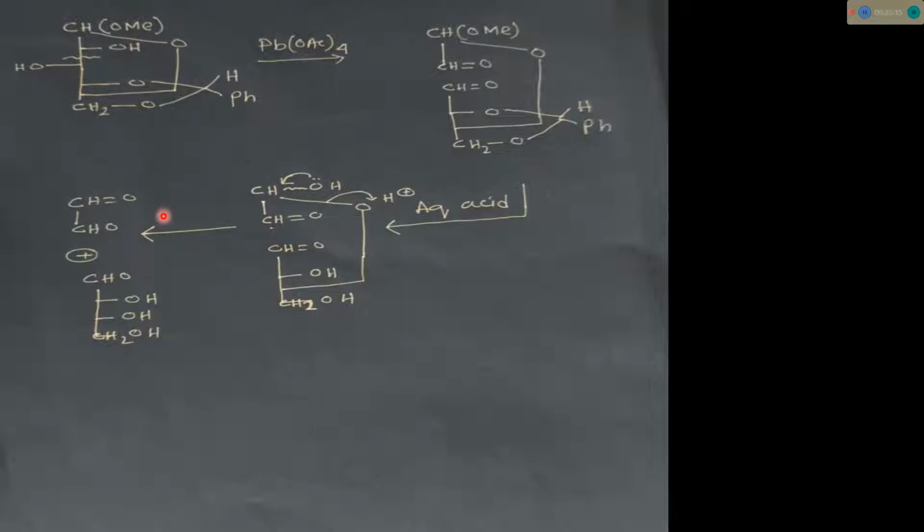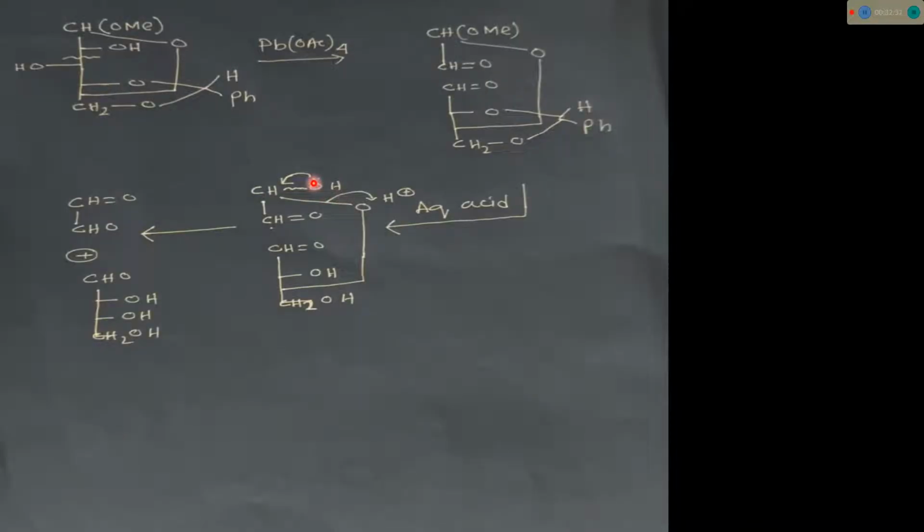Now in the presence of aqueous acid, this bond will break like that, in a similar way. See, this bond will break and this bond will open. Same thing, this bond will break and this bond will open to form dioxal and see, directly erythrose.